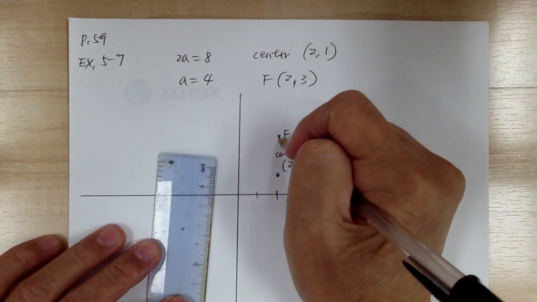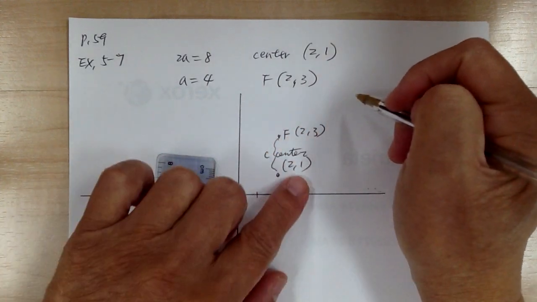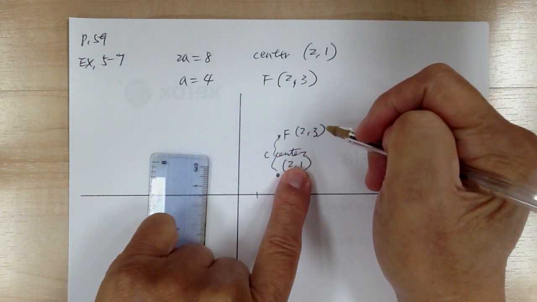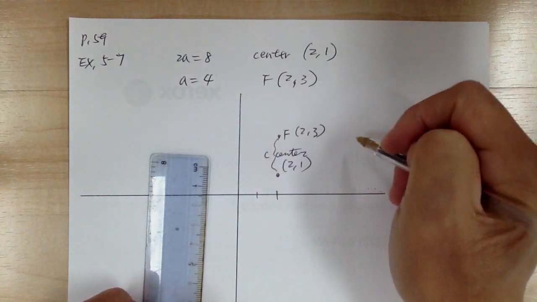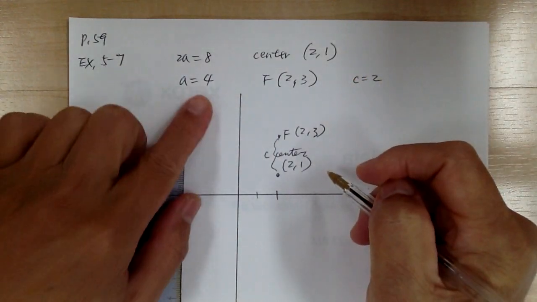Okay, so this distance right over here, that's your c. From here you can just look at the graph or just look at numbers. So traveling from 1 to 3 will give you 2. So in this case c equals 2, and a equals 4.